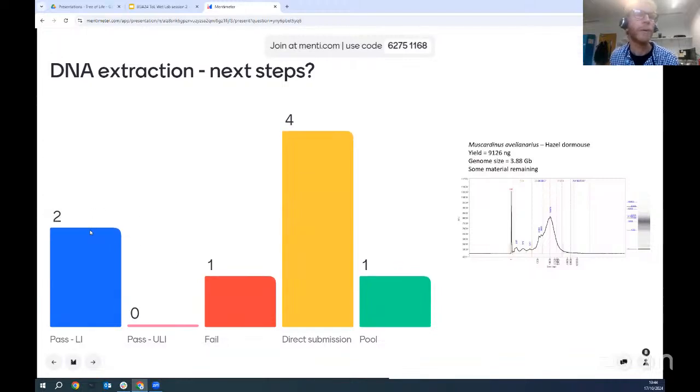So we have 2 for parcel I, 0 ULIs, 1 fail, 4 direct submission, and a pool.